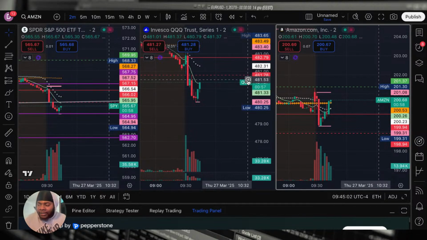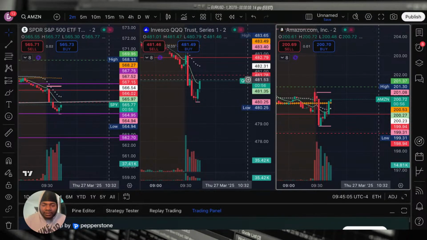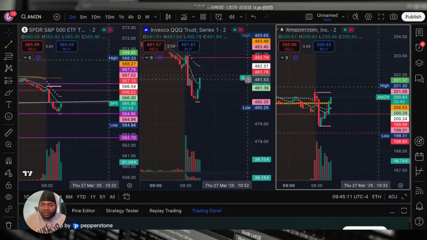It's sitting at my stop right now, though, down 15%. This is my stop right here. I want to see us reject right here. If not, I will exit.